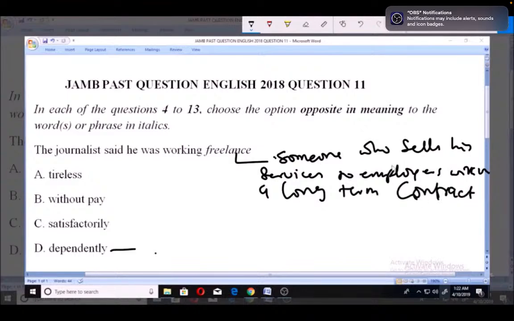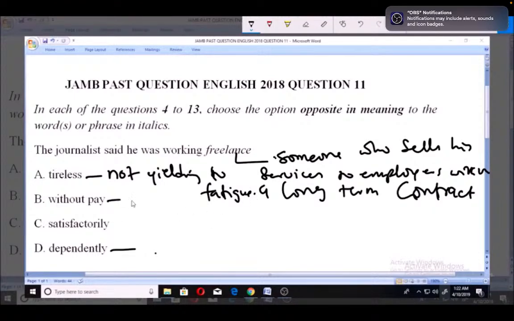You can be a freelance web developer, a freelance writer or something, but you're not engaged in a long-term contract with a company. So you're actually free. Now, tireless simply means you're not yielding to fatigue, somebody that doesn't get tired easily. That's the meaning of tireless.